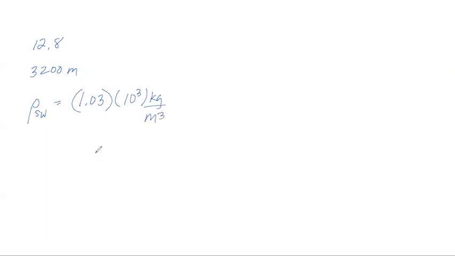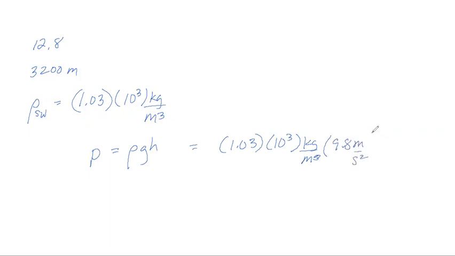And the pressure below a column of water, P, is equal to rho g h. So we've got 1.03 times 10 to the third kilograms per meter cubed times 9.8 meters per second squared times 3,200 meters.